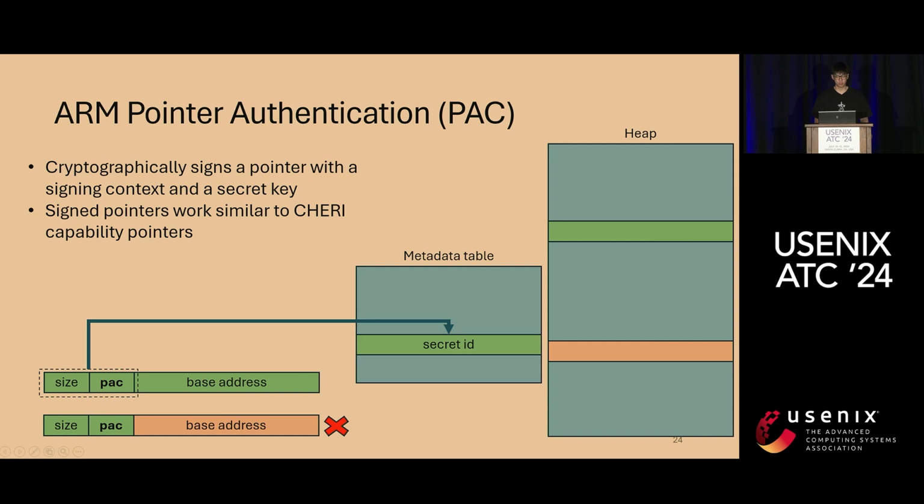If the subsystem wants to dereference this pointer, the size, PAC, and the base address have to be the same, and the secret ID must be present in the table. Therefore, we can revoke any capability just by erasing the secret ID from the table.